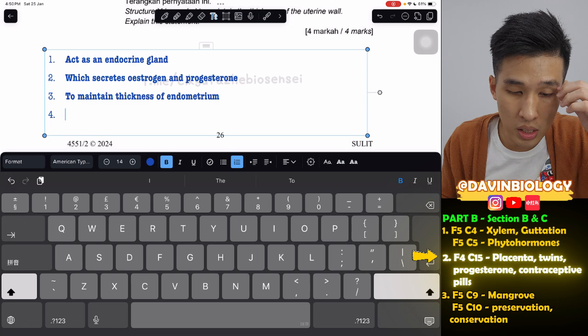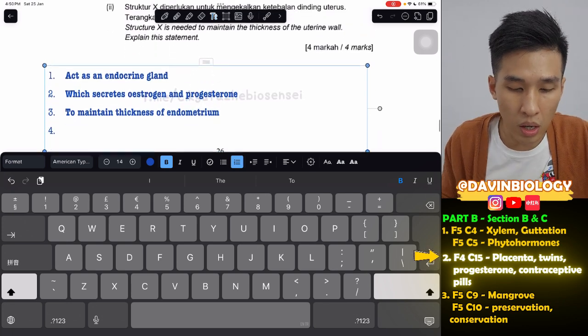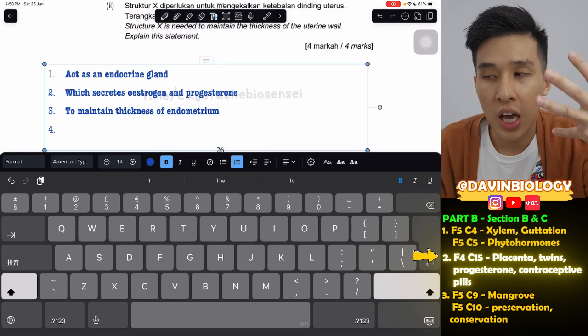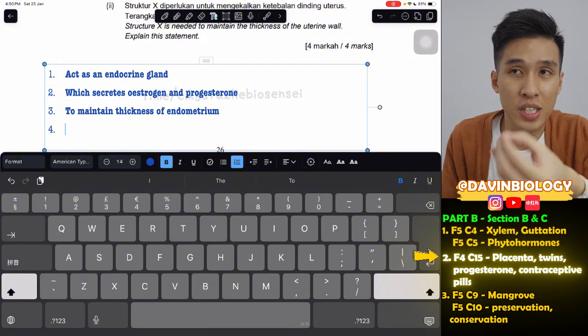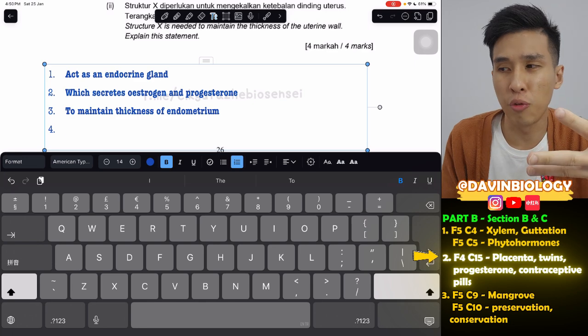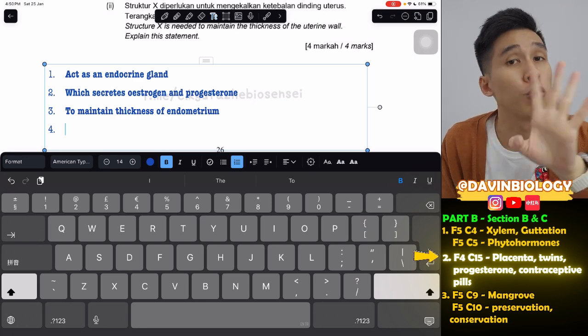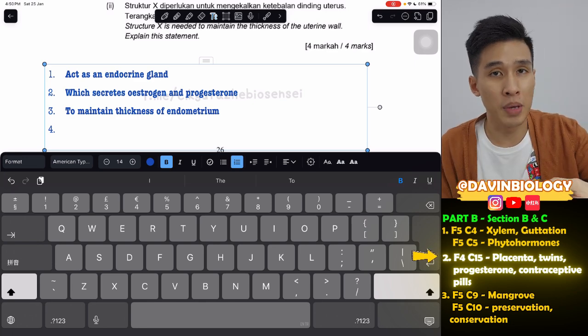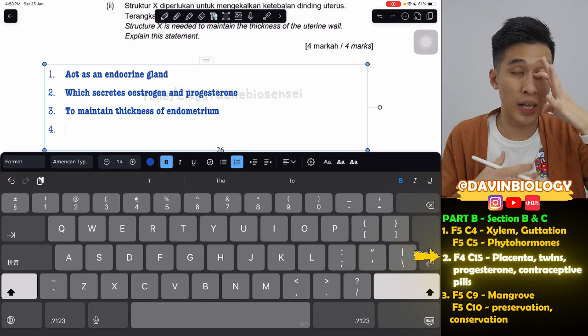So another thing you can say is that this placenta actually replaces the corpus luteum, because the corpus luteum will only secrete progesterone and estrogen for around 2 to 3 months only. Is it 3 to 4 months only? So after that period of time, the placenta will take over.